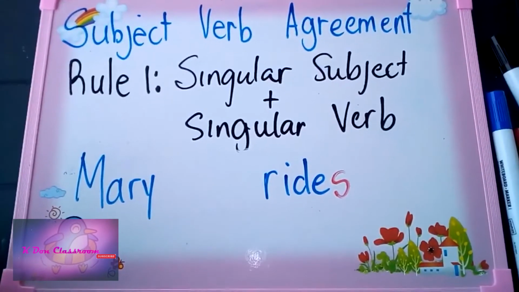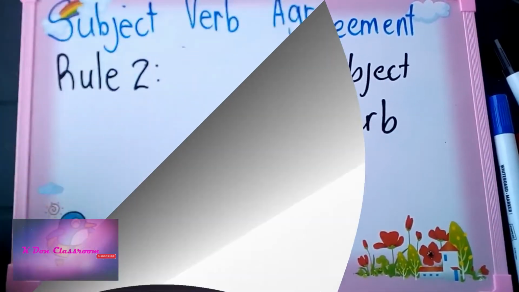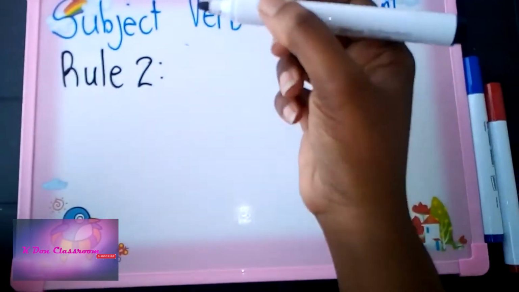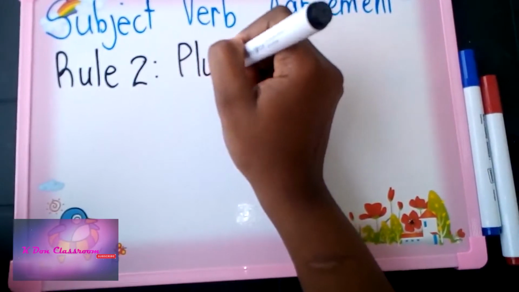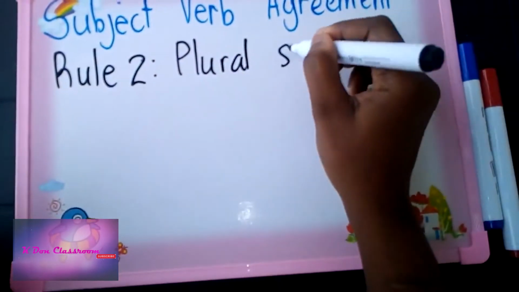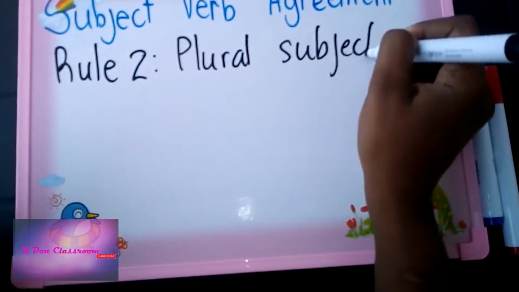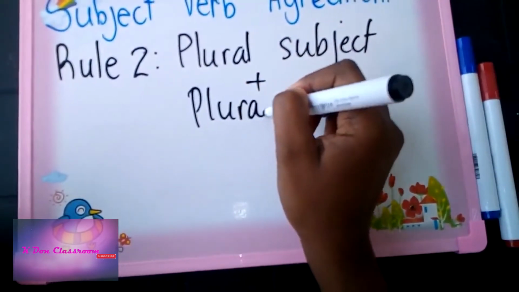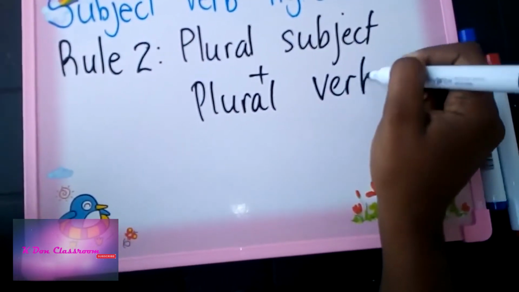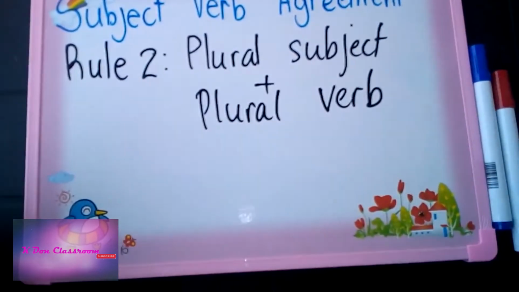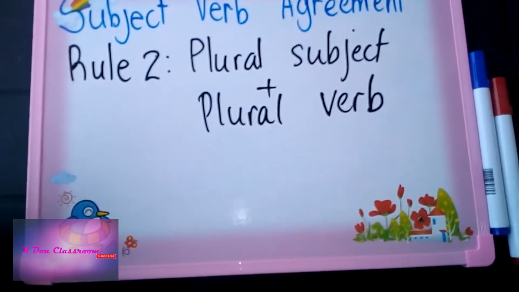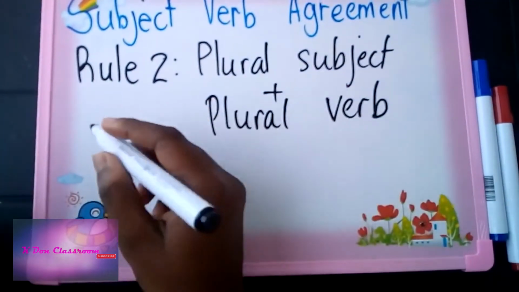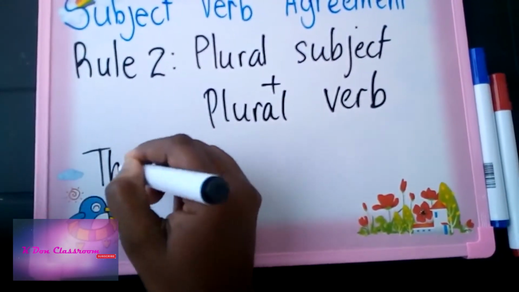So let's move on to rule 2. Now rule 2 says that a plural subject must take a plural verb. So for example, we want to say the girls.